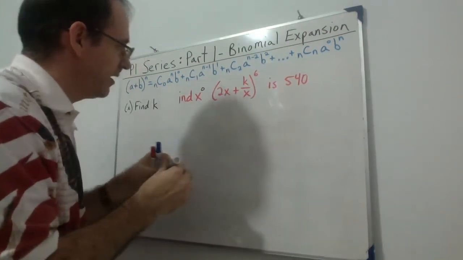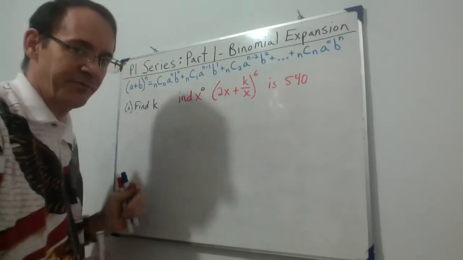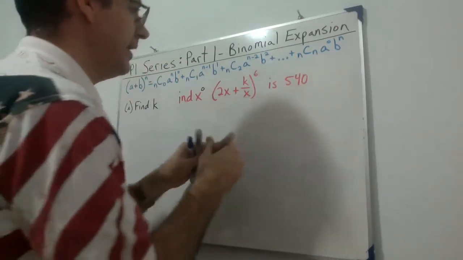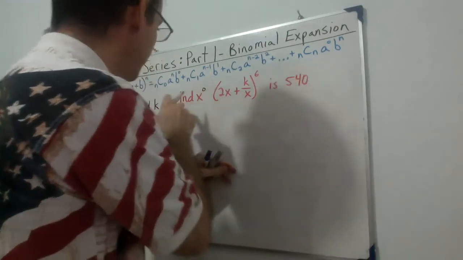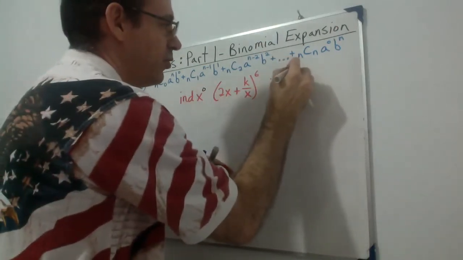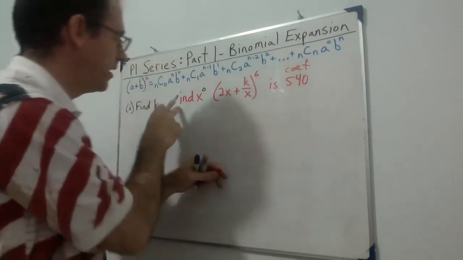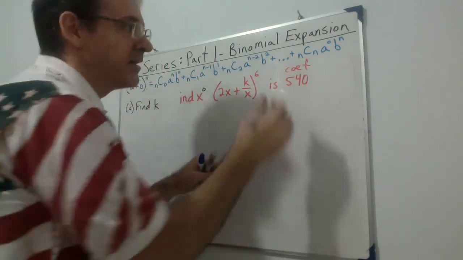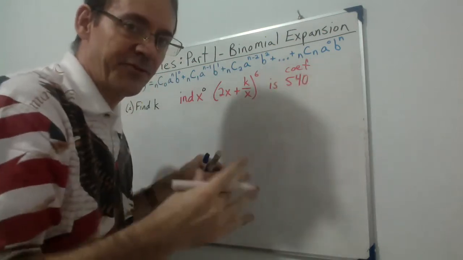This time, they're not asking for the coefficient, they give us the coefficient. So I didn't write it here, but this is the coefficient of our independent of x, or in other words, it's the constant. The constant is 540.